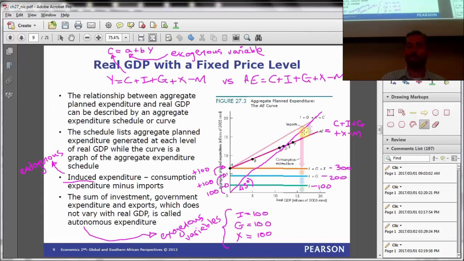So when we look at this diagram from our textbook, we've got an aggregate expenditure function where the slope only depends on B. And then we've got an aggregate expenditure function where the slope depends on both B and M. So the slope changes once we include M.